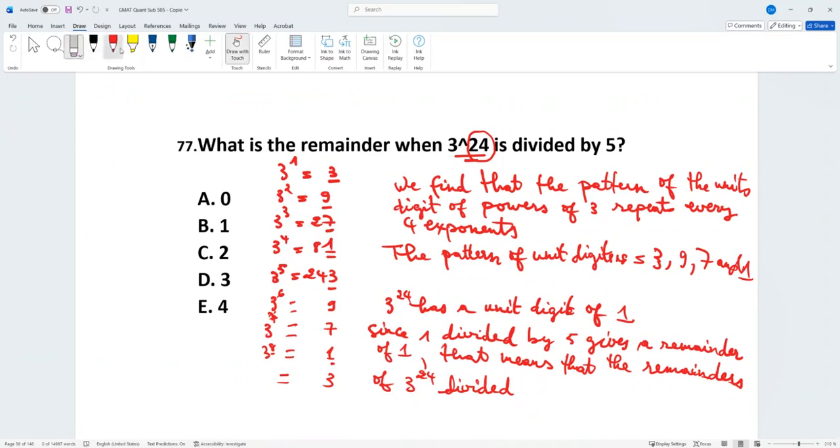As simple as that. So that's pretty much the rule that you need to apply in order to find the correct answer to this question. So the remainder when 3 to the power 24 is divided by 5 is 1. So answer B is our correct answer.